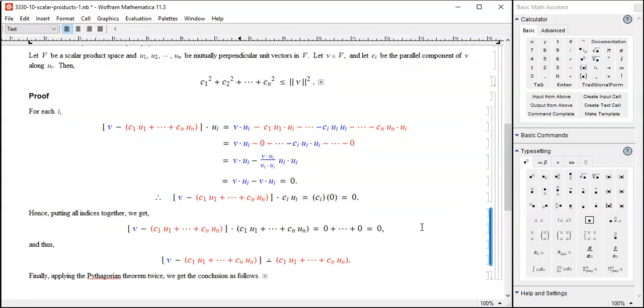Putting all the indices together, we claim the dot product of this v minus this red, with this red, is equal to 0. Why? c1u1 dot product of this is equal to 0, as you saw before.